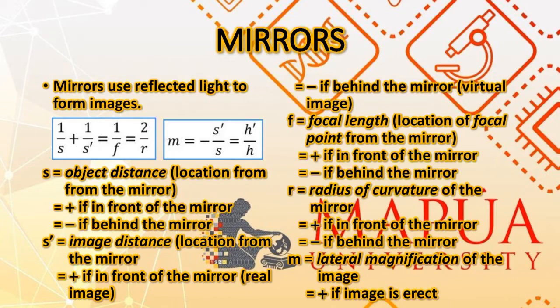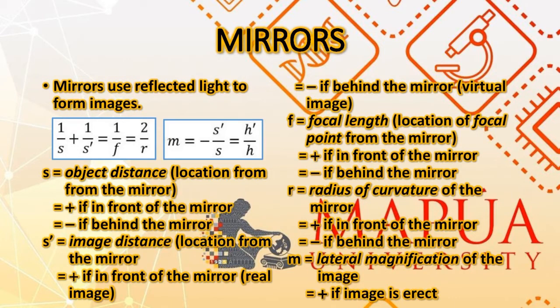So again, S prime positive, you have a real image. S prime negative, you have a virtual image. F is the focal length, and it can also be positive or negative. F is positive if in front of the mirror, and negative if the focal point is behind the mirror.